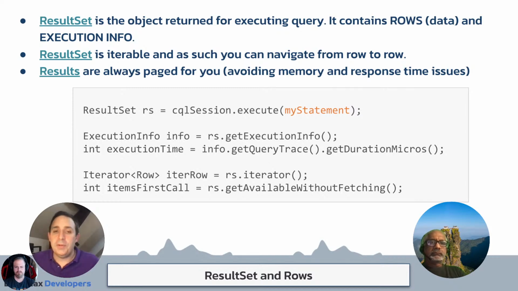So the recommended path is to set the page size you need, retrieve only the items you need, save the state, and later, when you need page 2, execute the query providing now the state, what we call the paging state.